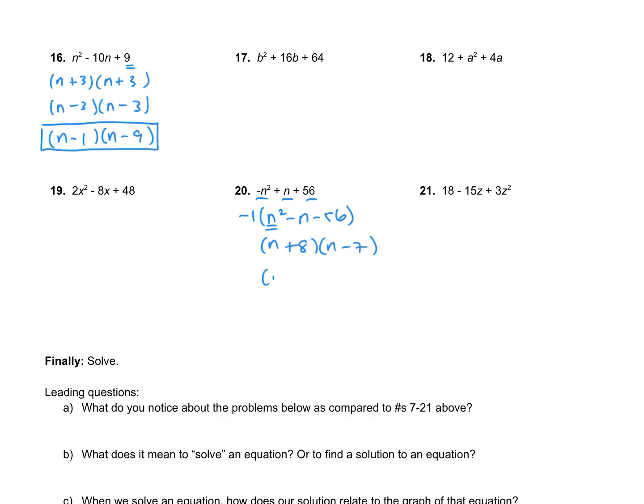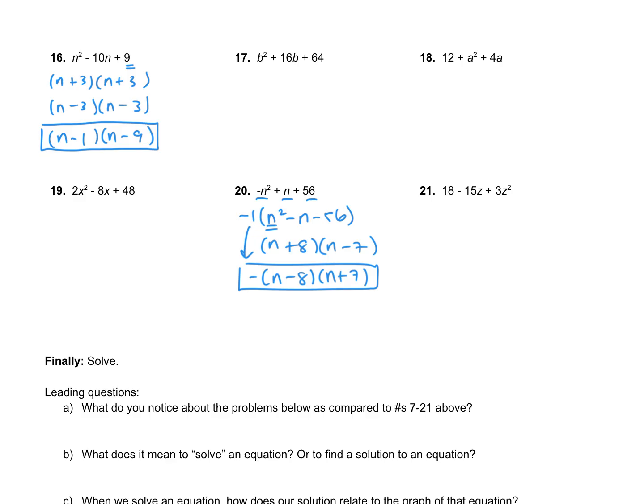Flip the signs. So we have a -8, and we have a +7. And then we have to remember this negative out in front. Now, if we FOILed this out, we should get back to where we started. How do we feel about this guess and check idea? Not too bad? Can we do one more together?